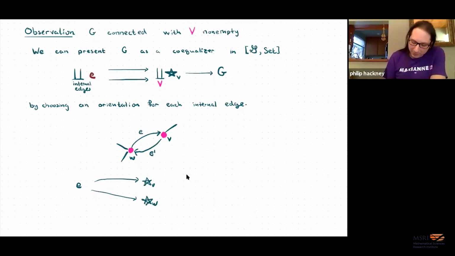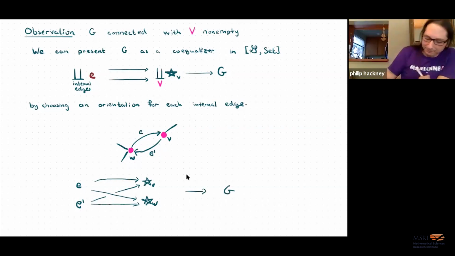And I also have E prime, which now goes the other way. So here the top map, because it's pointing towards W, is going to go into there, and this map is going to go into there. And then this co-equalizer is just this graph G.